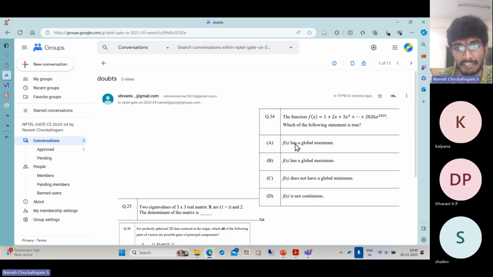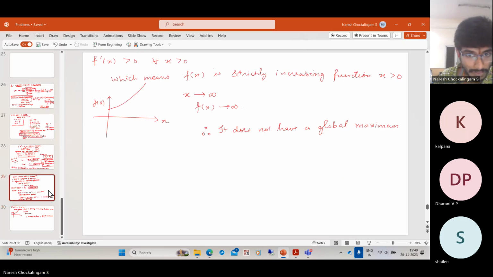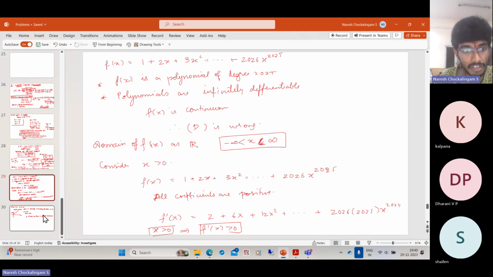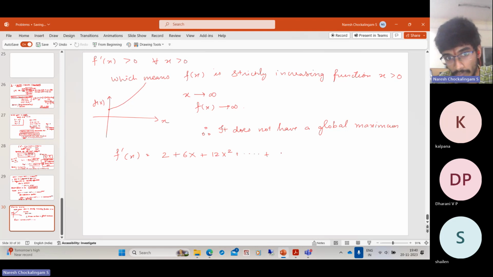So the next thing to look at is whether f of x has a global minimum or not. So let us look at it. Again, look at f dash of x. F dash of x is 2 plus 6x plus 12x squared plus something up to x to the power 2025.